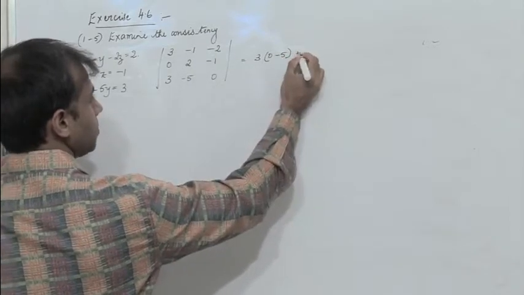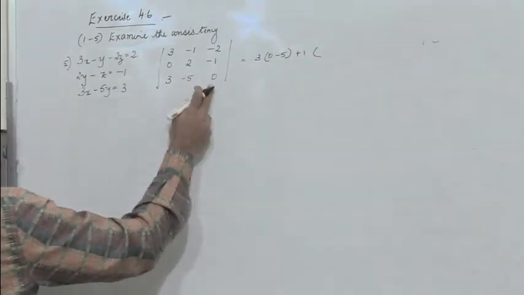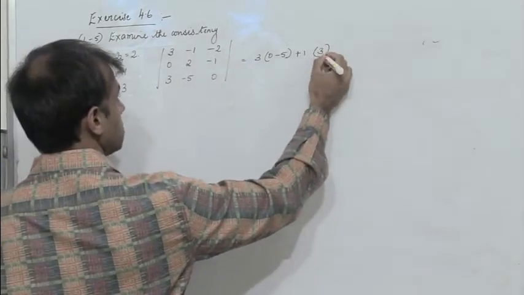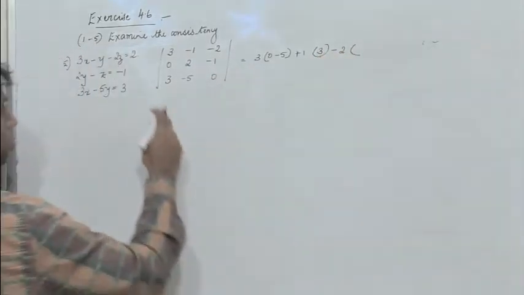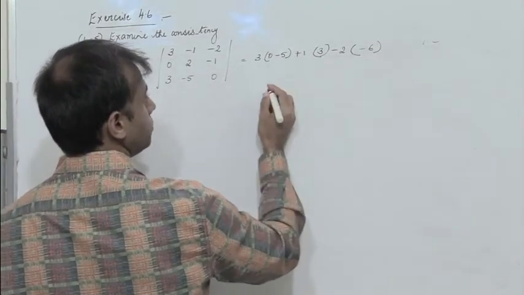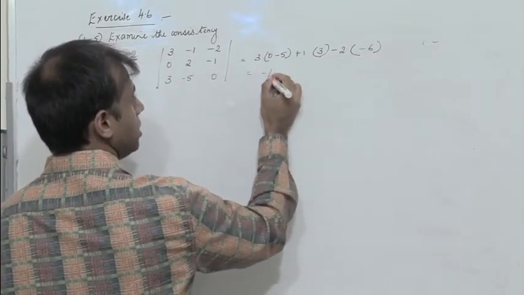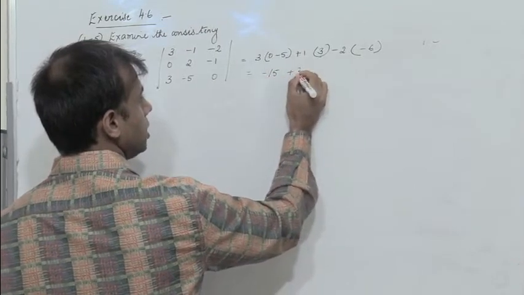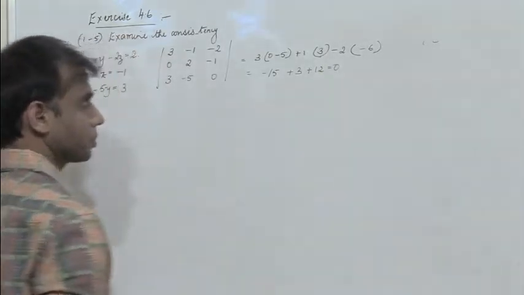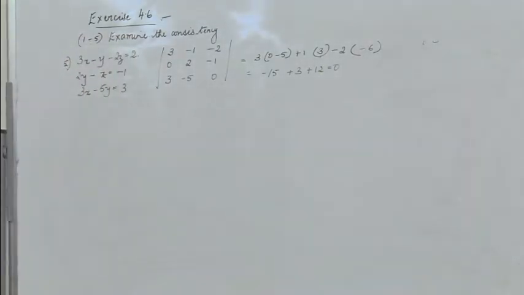Minus of minus 1 is plus 1. So here I have 0 minus 3 into minus 1, which gives me plus 3, minus 2 into 0 minus 6. So this is minus 15 plus 3. So here I get plus 12, which is 0. So determinant A is equal to 0.